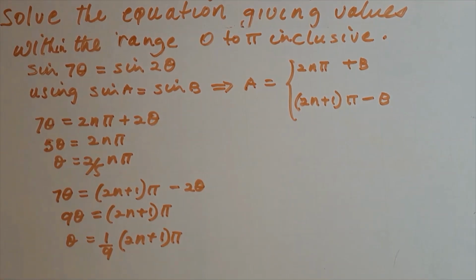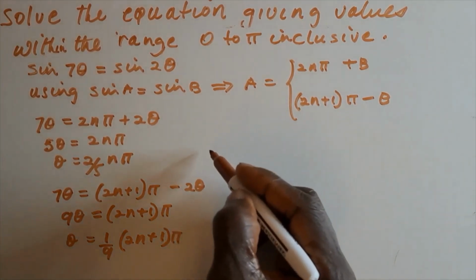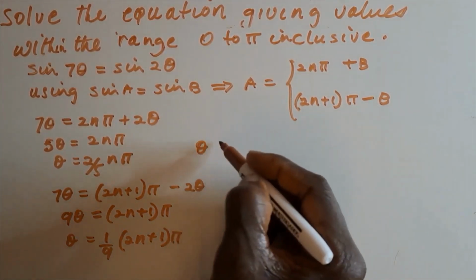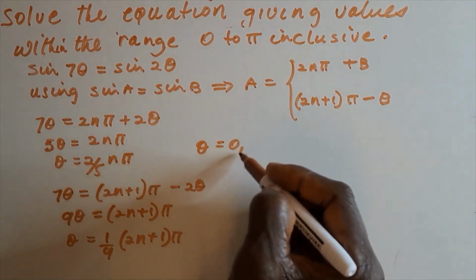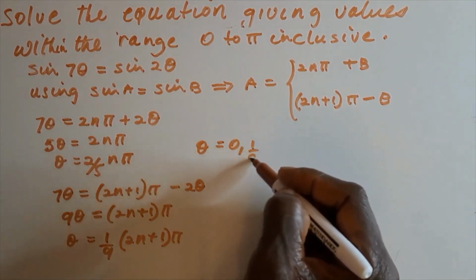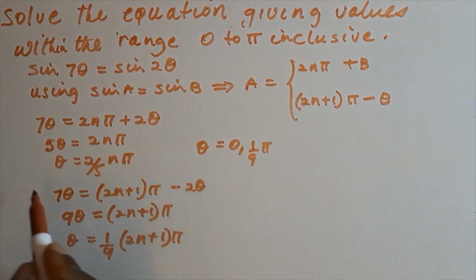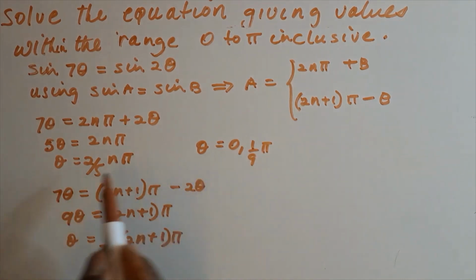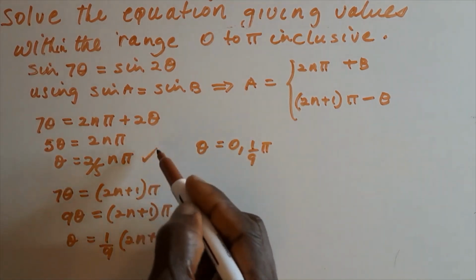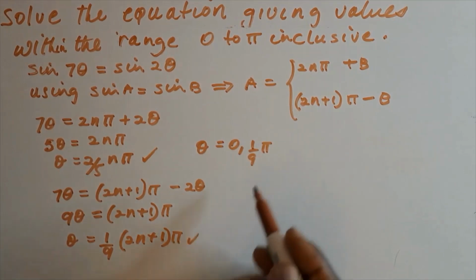For values of n, we have our solution set theta is equal to 0, 1/9 pi, and this solution set includes both of these.